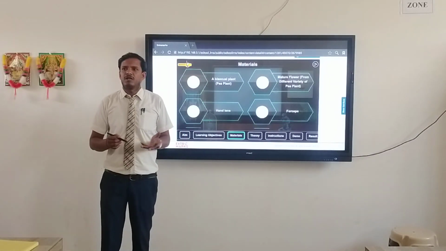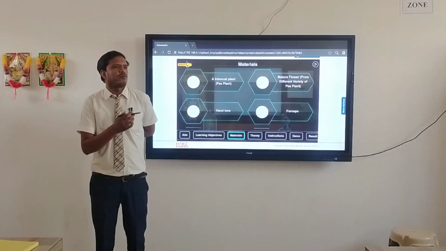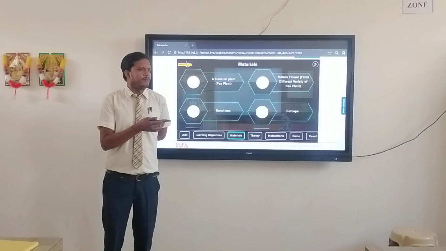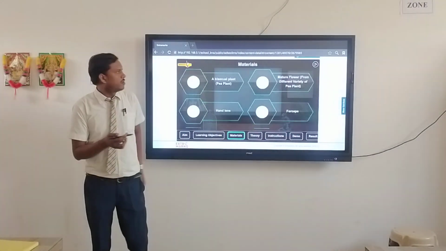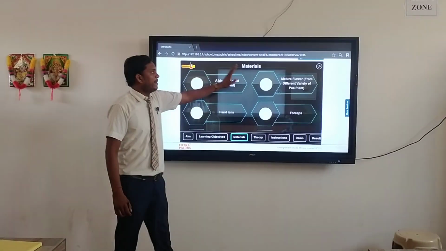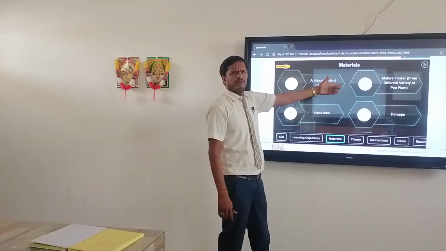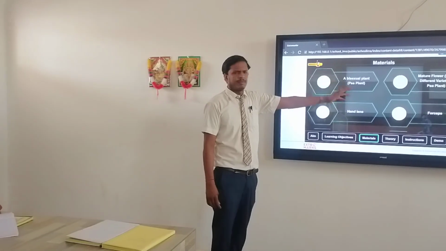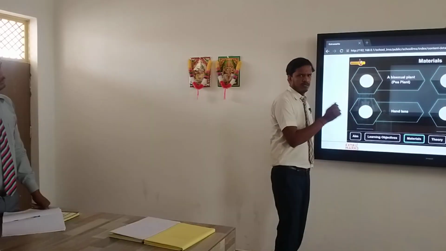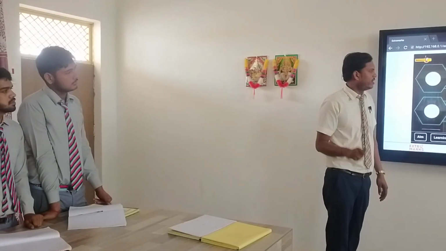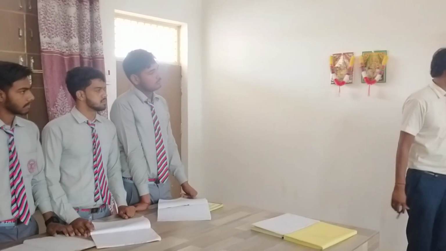A bisexual plant, because emasculation is a method in which we remove the male part, that is the androecium. So, a bisexual plant with a mature flower. The flower needs to be mature. Different varieties of pea plant and different samples can be used. A hand lens so that we can watch them carefully, and forceps to hold and separate, and for such things.